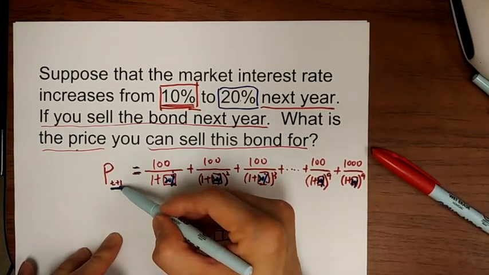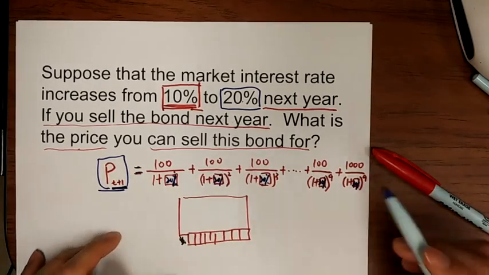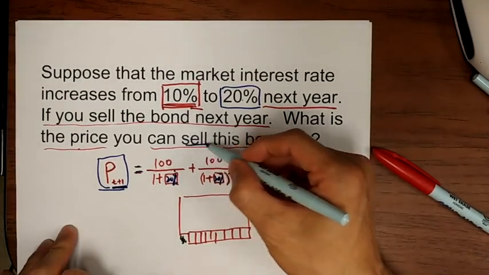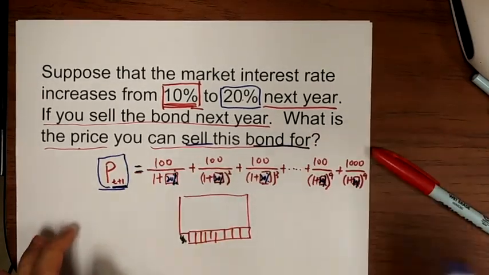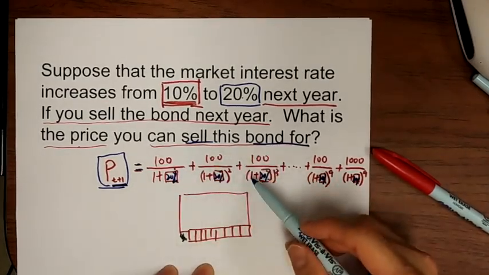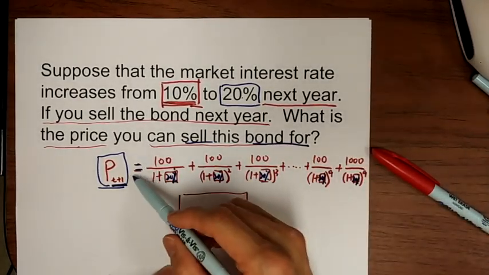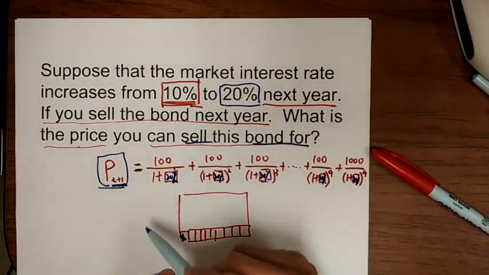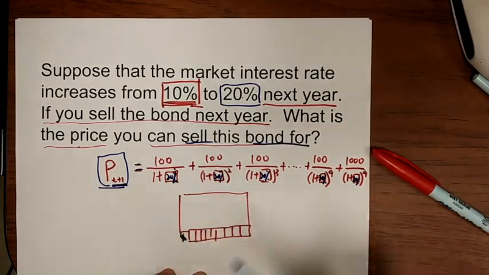And he's going to pay this money to buy your bond. That is the selling price of this bond next year. So you have all the numbers here. This is just the basic principle of finance.